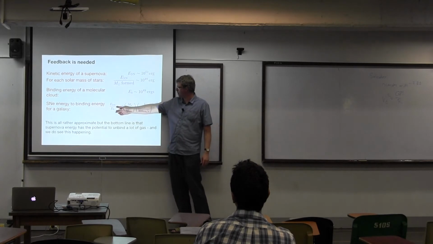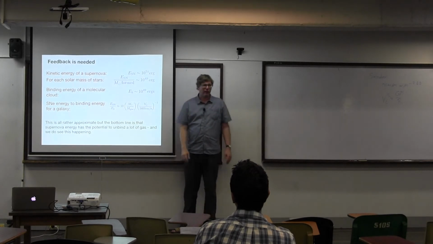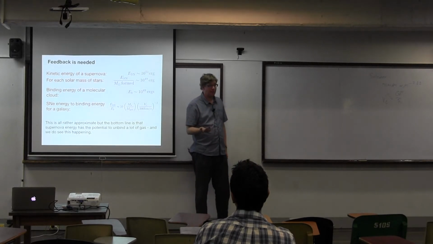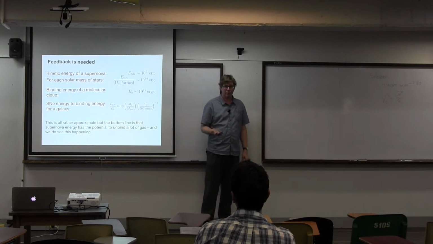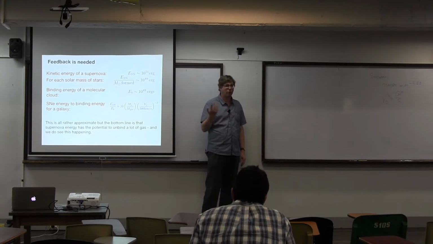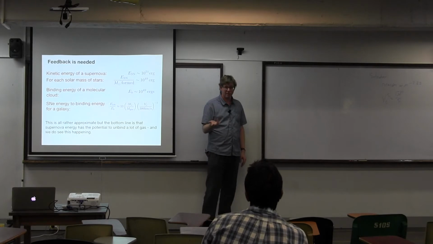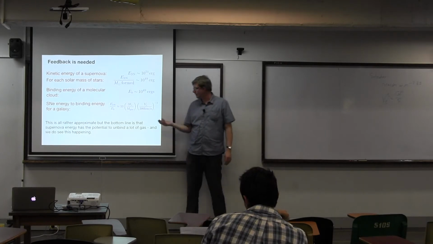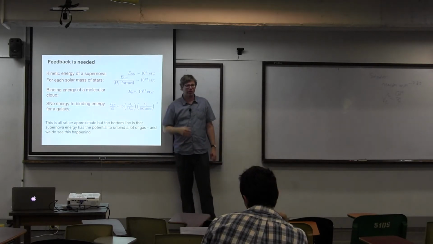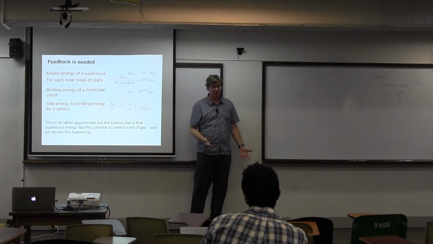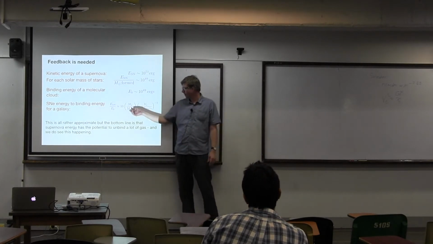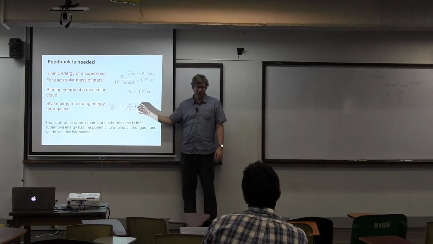You can see that in principle, the supernovae give you something like 10 times the binding energy of a galaxy. You form a galaxy of 10 to the 9 solar masses, and that will give you supernova energy that's about 10 times the binding energy of that galaxy. It varies a bit depending on the exact size of the galaxy.